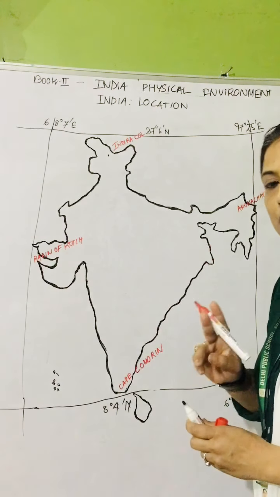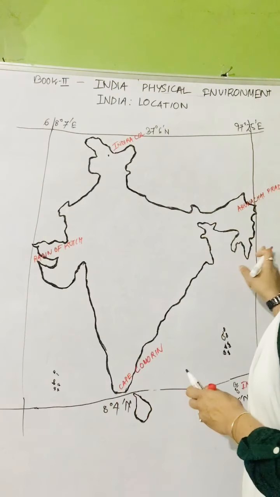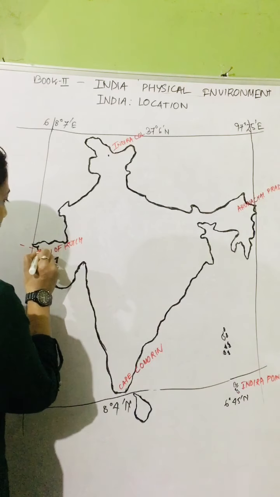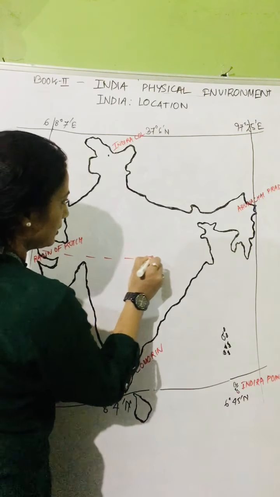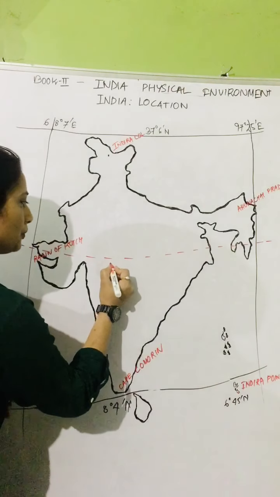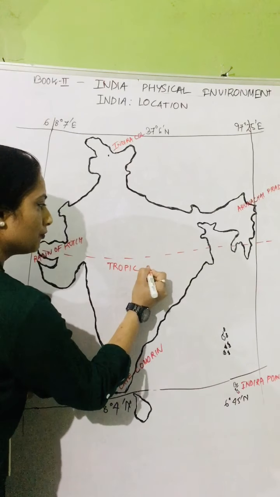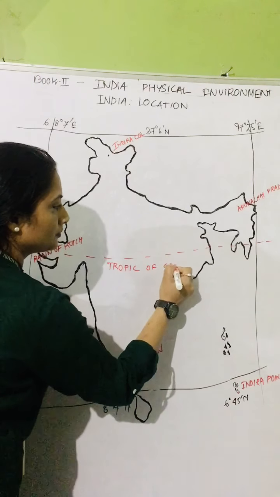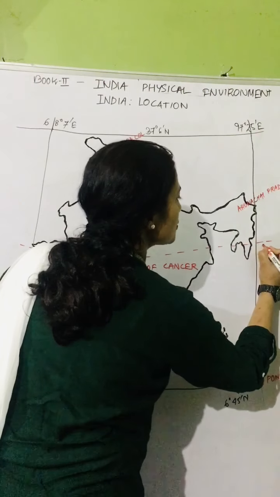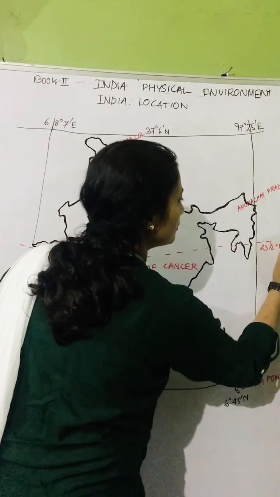Now one very important latitude we have discussed earlier also, which divides the country into two equal halves, is the Tropic of Cancer, and the value is 23.5 degree north.